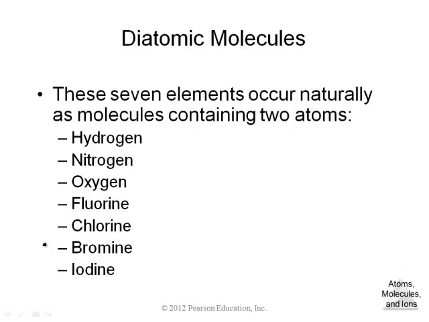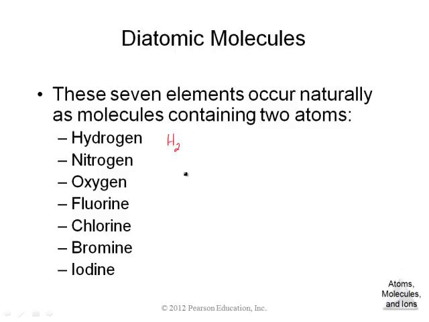Now, here are 7 elements that occur naturally as diatomic molecules. As the name suggests, diatomic means a molecule containing 2 atoms. So hydrogen, as we have just seen. When we just say hydrogen gas, we won't just write H, but we will write H2.